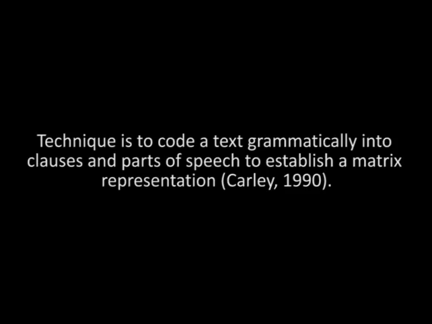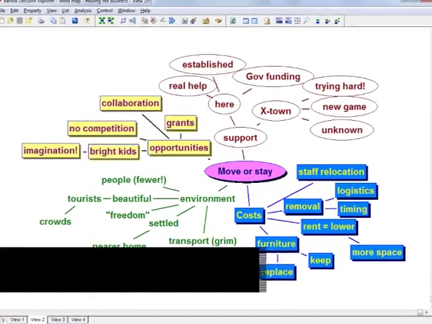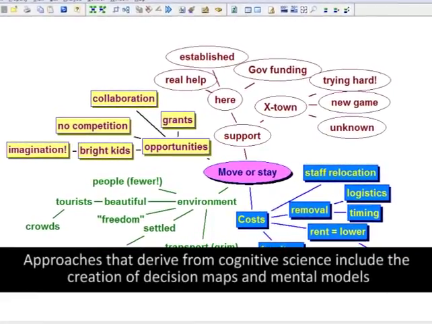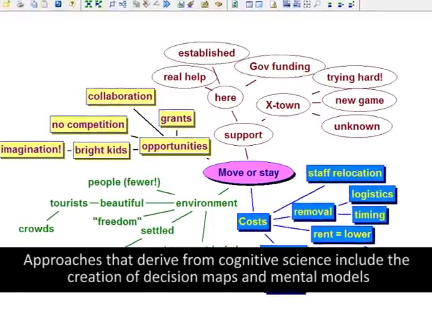Another technique is to code a text grammatically into clauses and parts of speech to establish a matrix representation, Carley, 1990. Approaches that derive from cognitive science include the creation of decision maps and mental models.